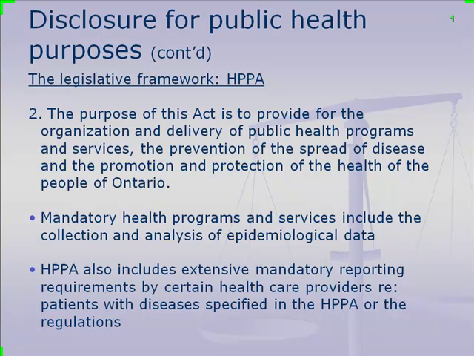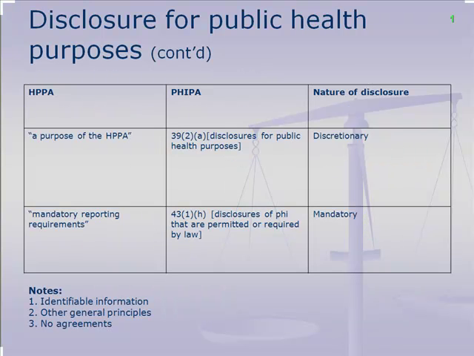It's interesting that one of the mandatory health programs in the HPPA is collection and analysis of epidemiological data. And again, related to the point I made before, the HPPA requires certain mandatory reporting with respect to diseases identified in the HPPA as communicable or under different standards.